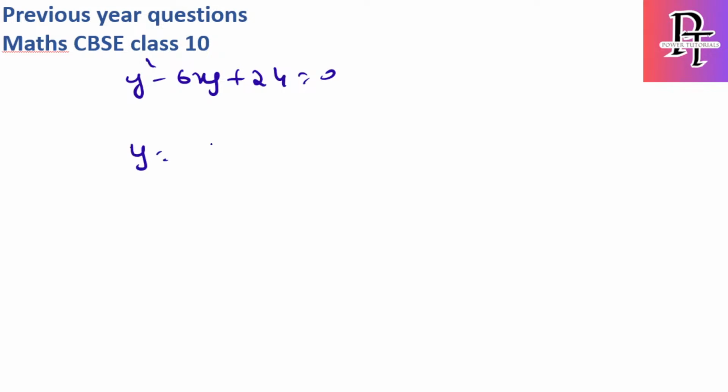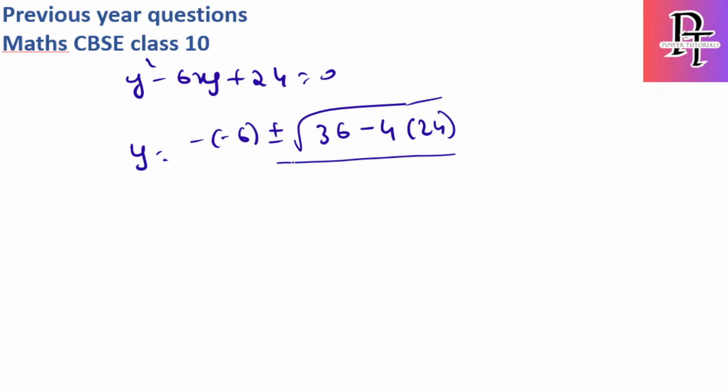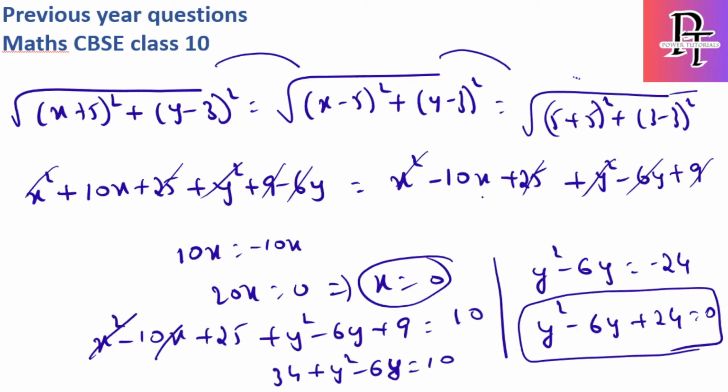Minus b, minus of minus 6 plus or minus root of b square, which is 36, minus 4ac, 4 into 24, by 2a. So y, somewhere there is some difference, cross check. Y square minus 6y. So 10 square, it is 10.